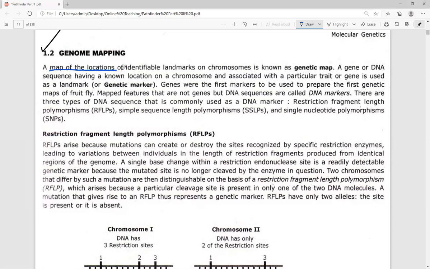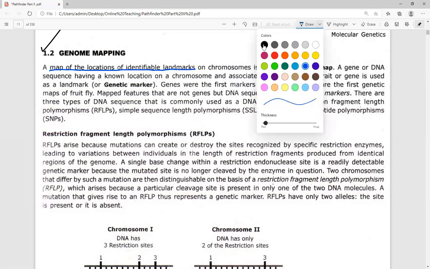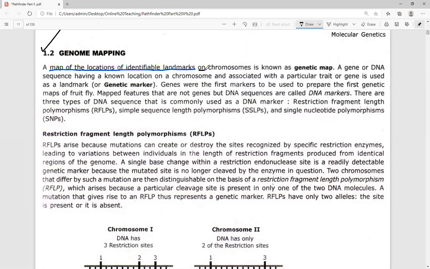Any map can predict the different types of landmarks over a particular area. When a map predicts the different sequences present on the chromosome, then it is commonly referred to as a genetic map.